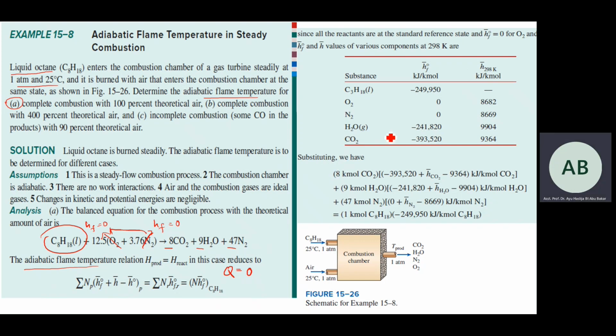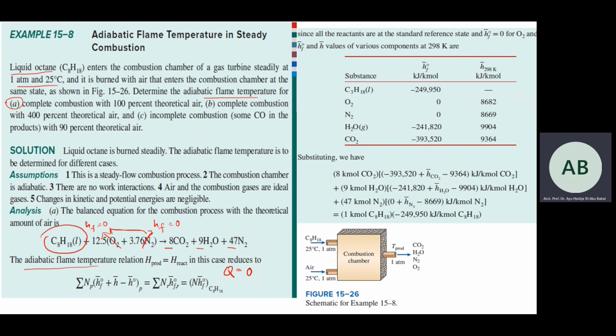Then, using the data extracted from the table, substitute into the equation: total moles of product times heat of formation plus sensible heat. This one is for the CO2 product, so 8 moles of CO2 multiplied by hf and the sensible heat.